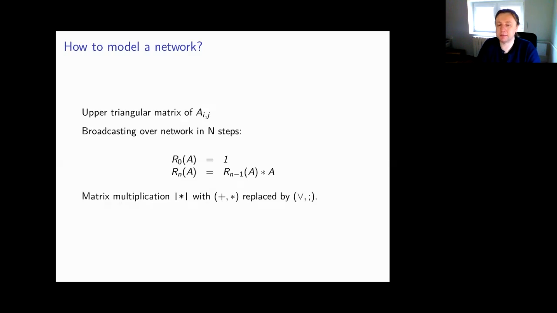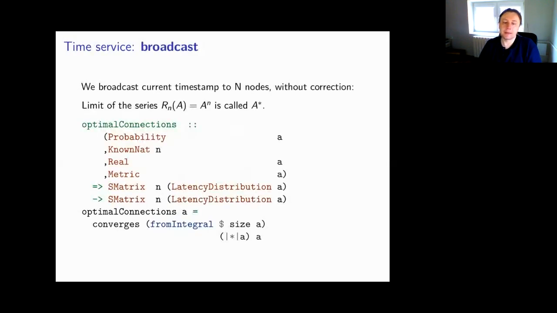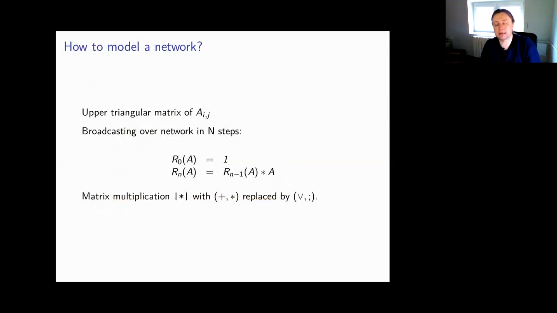And that means that we basically will have matrix multiplication that corresponds to the situation where we broadcasted the message to all members of the network using the gossip algorithm. So everybody who got the message will broadcast it again. We try to broadcast it again to every other node.